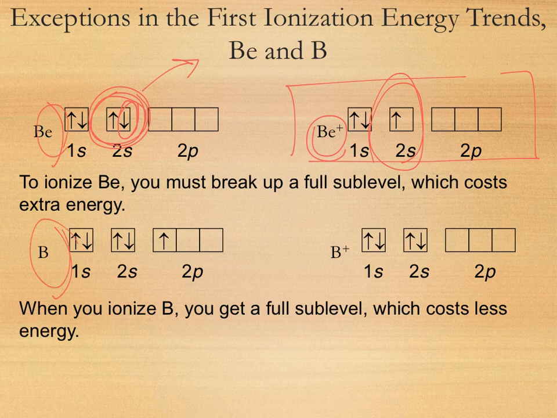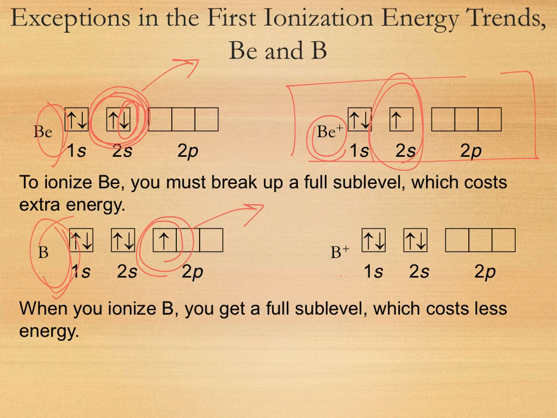Let's look at the element to the right of beryllium, boron. Boron's the one that had an unusually low ionization energy. So let's look at why that may be. With boron, when we pull out the first valence electron, it's a 2p electron that's all by itself in the 2p sublevel.